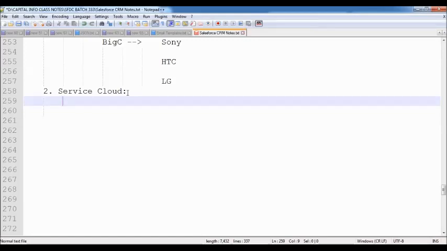By using these Service Cloud features, we can automate all the processes which we follow while giving the services to the customer. I will explain what kind of processes one by one. Service Cloud features are used to automate all the service processes inside our organization.